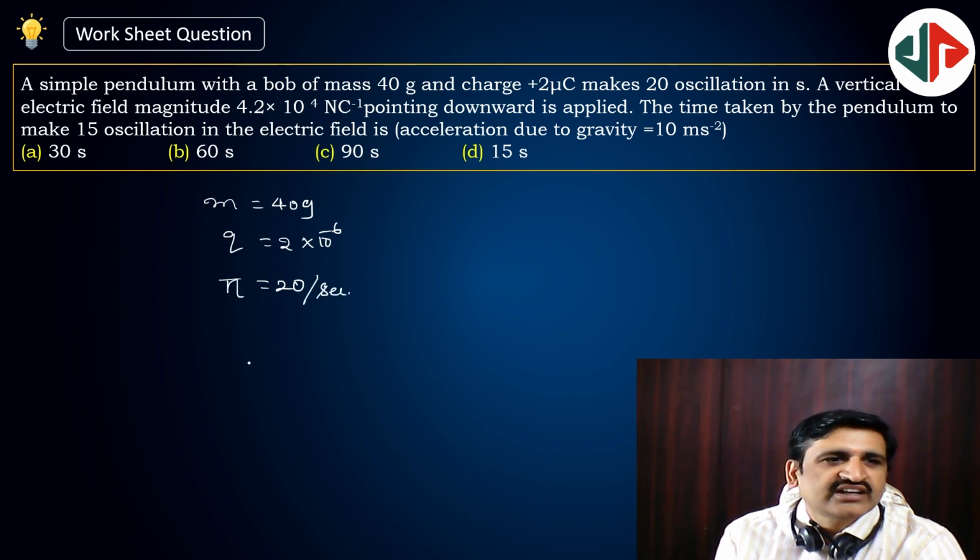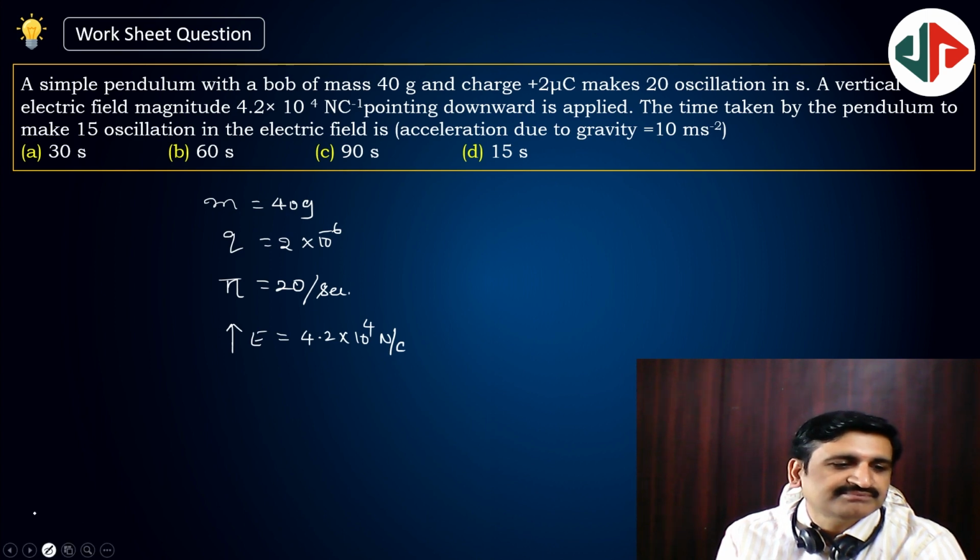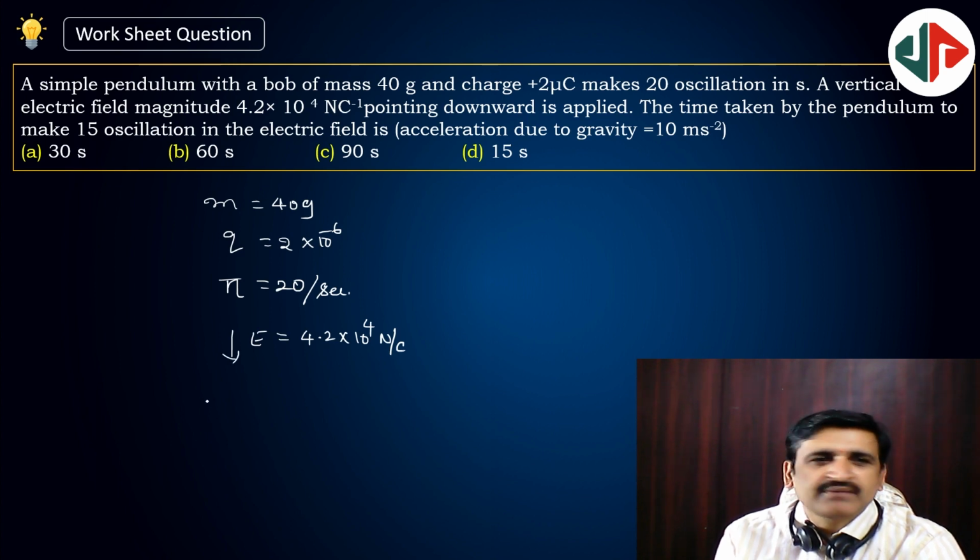A vertical electric field of magnitude E equal to 4.2 into 10 to the power of 4 Newton per Coulomb, pointing downwards, is applied. Next, the time taken by the pendulum to make 15 oscillations in the electric field. So if I find one oscillation, or frequency, then I can do it.